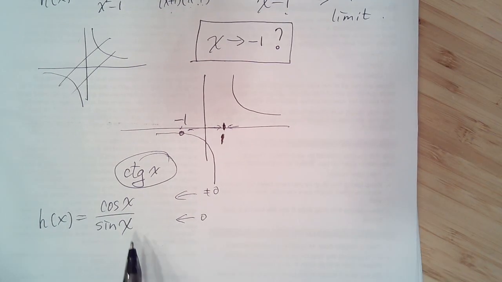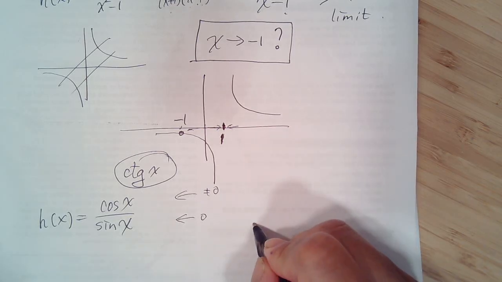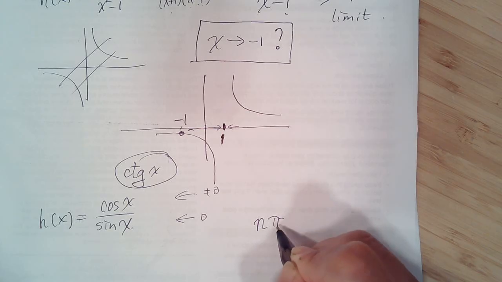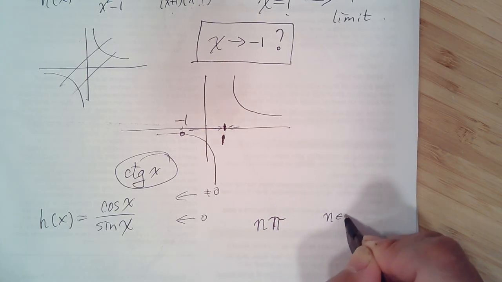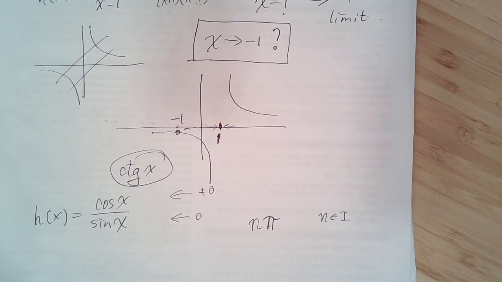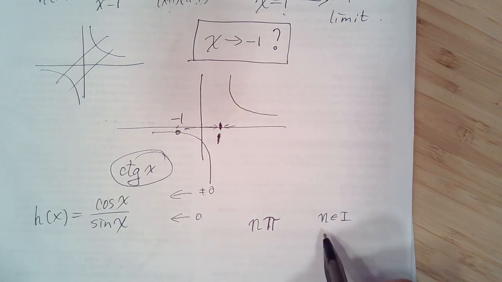So what makes sine x be 0? Sine x is 0 at n pi, where n is an integer: 0, +1, +2, +3, and -1, -2, -3, etc.